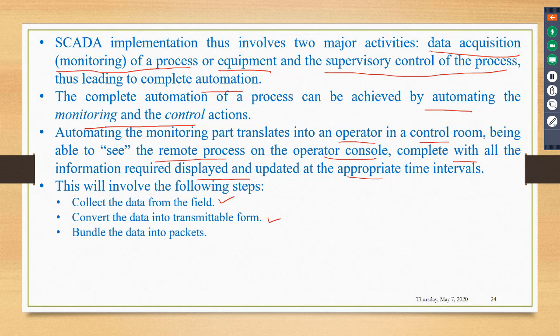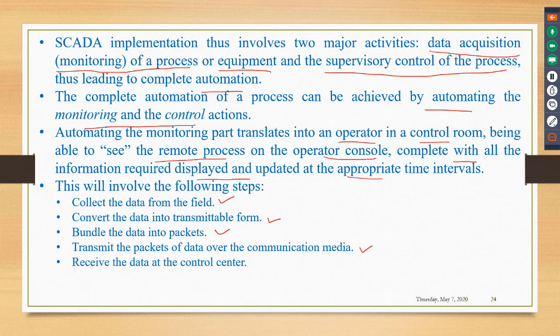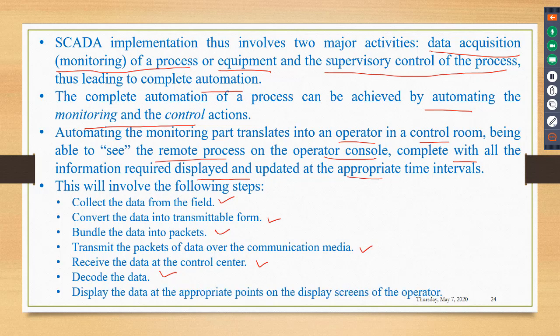Then bundle the data into packets, then transmit the packets of data over the communication media or channel, then receive the data at the control center, then decode the data. After decoding, it will be displayed at the appropriate points on the display screen for the operator.